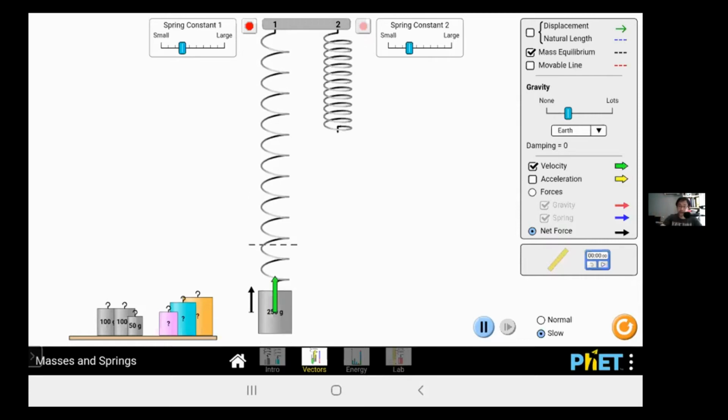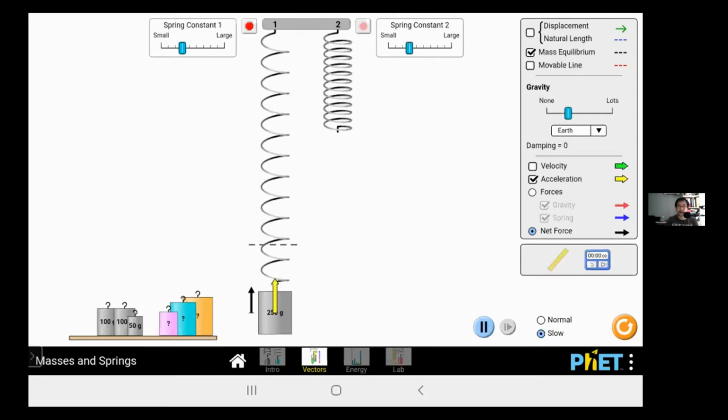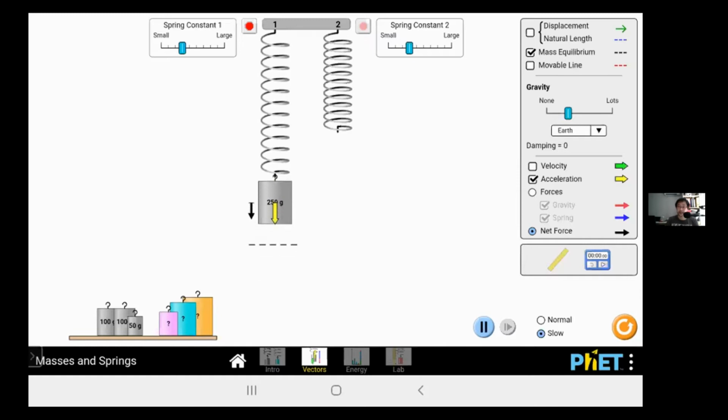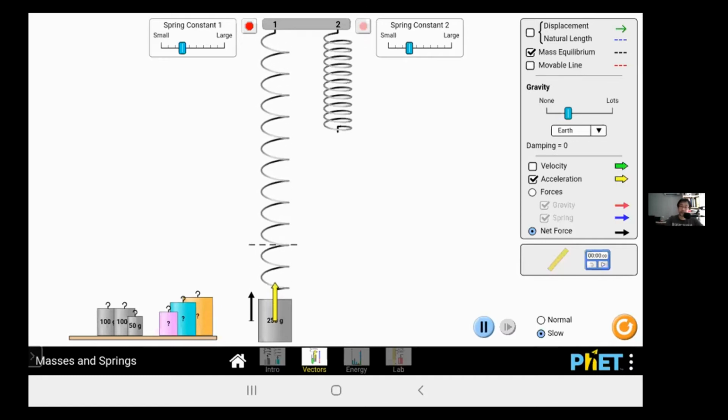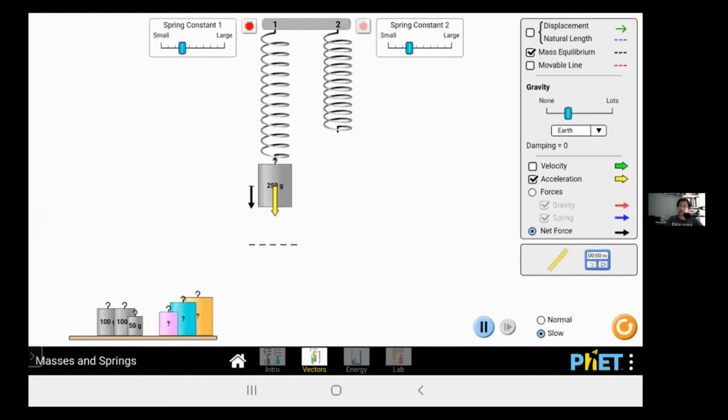Another thing that you can add on top, of course, let me erase this velocity. I can go acceleration if you like. So right here, once again, the orange arrow represents the acceleration. This one is sort of intuitive because we have Newton's second law. That means sigma F equals ma.